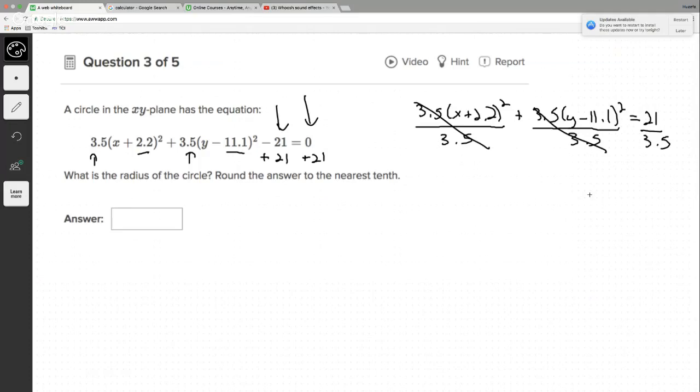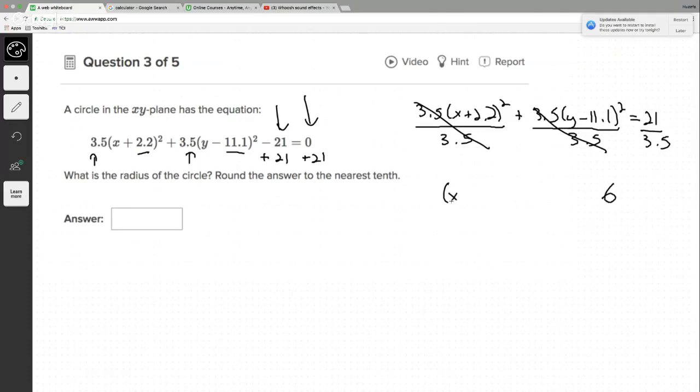So you probably know that 21 divided by 7 is 3. Since 3.5 is half of 7 and you're dividing by it, that means you double whatever your result is. So 3.5 goes into 21, not 3 times, but 6 times. So this ends up being 6.